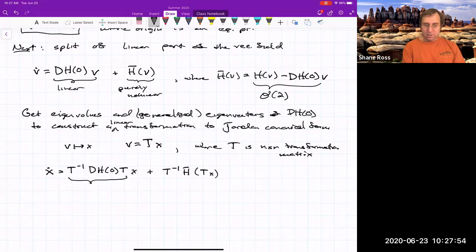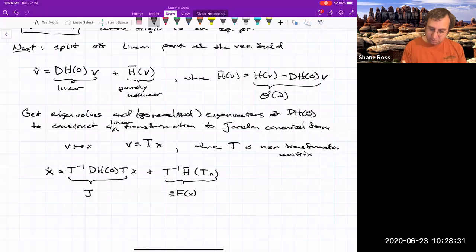This matrix, T inverse times the Jacobian at the origin times T, is the most simplified representation of the linear dynamics, the Jordan canonical form, which instead of using capital lambda, I'm going to follow the notation of the book, and this is called J. So it's not the canonical symplectic matrix, it's the Jordan canonical form. And then this part over here, we'll refer to this as f of x.